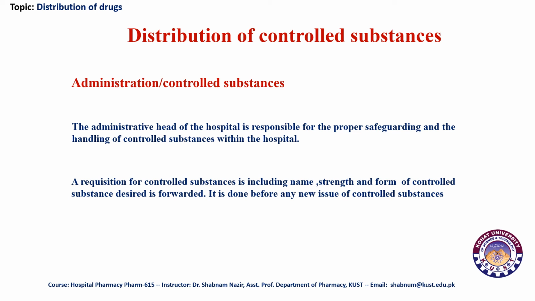It is done before any new issue of controlled substances. Or the physician may order on a certain request form. If the requisition is taking time and there isn't proper availability in the nursing station as well, then in that situation the physician can order directly on a certain request form, which could be different from the requisition form.